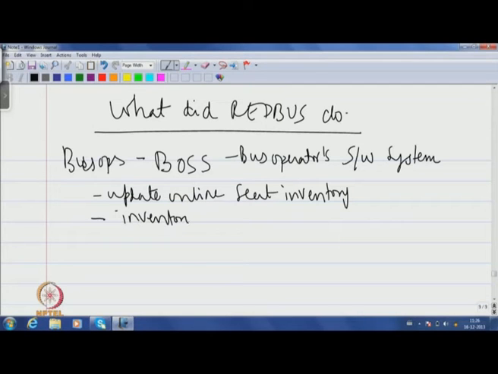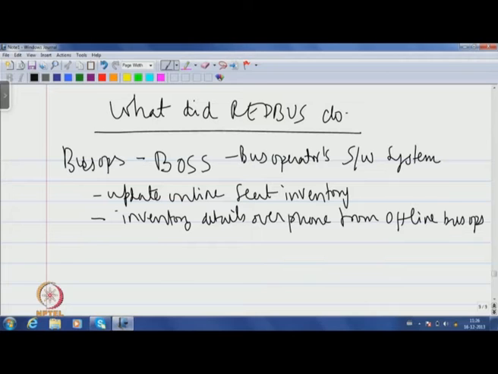This gets captured into the central inventory database by Redbus's own people. And as I said, the information meant the seats, the routes, the prices, the seating type, the bus design, all that was captured on a real-time basis. This is one major change that it made.